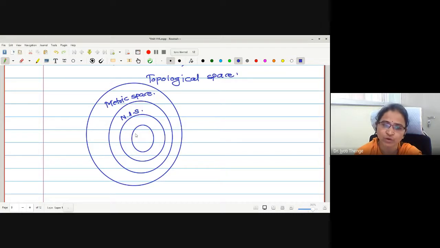And one more we are going to see is inner product spaces. Inner product will be coming into the discussion in the second topic. Every normed linear space is metric, but there are some metric spaces which are not normed linear spaces. Therefore, normed linear spaces are a subset of metric spaces. Metric spaces are a subset of topological spaces because every metric gives a topology, but not every topology is a metric. Is that okay?